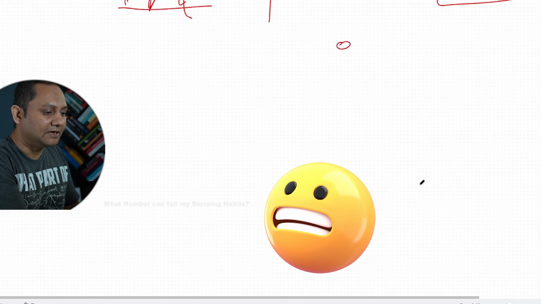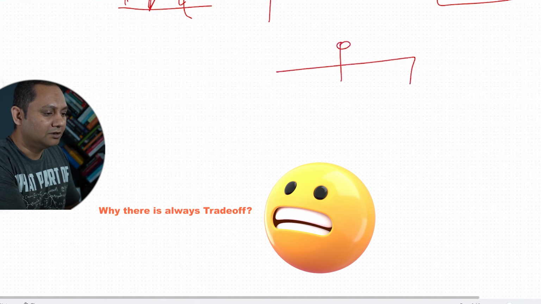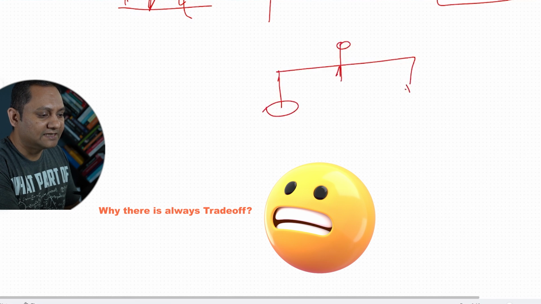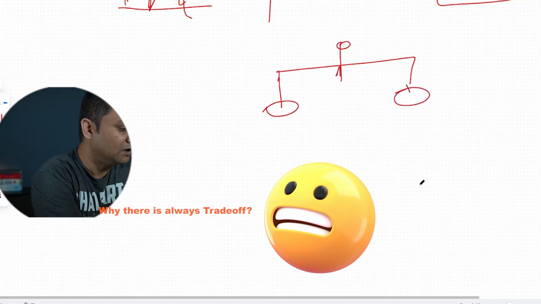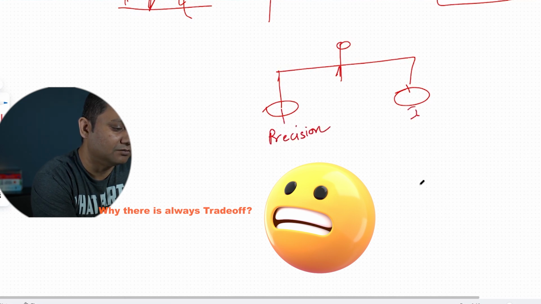It's a scale, right? On one side we have precision, and on the other side we have information.